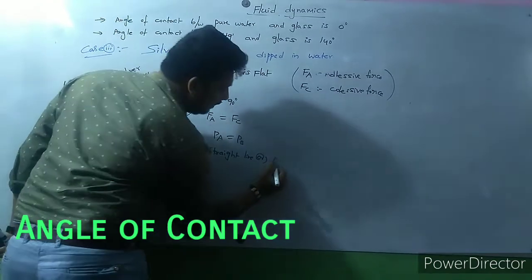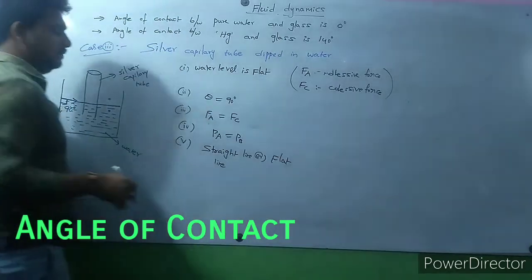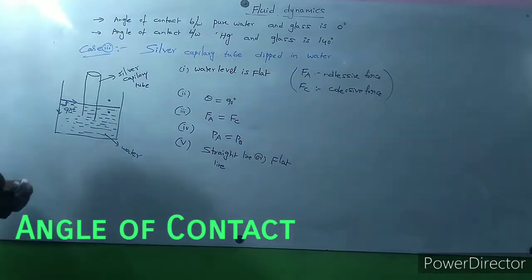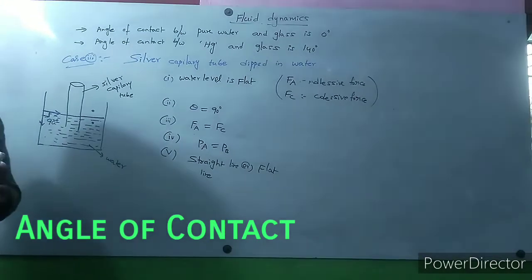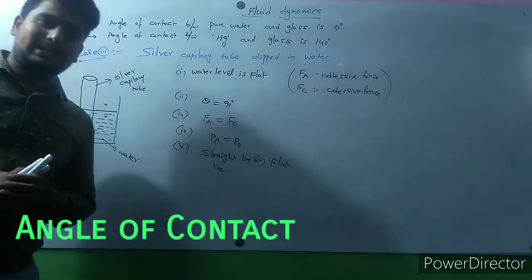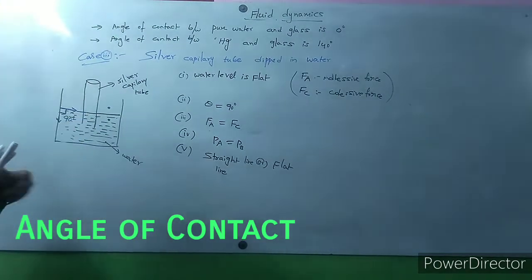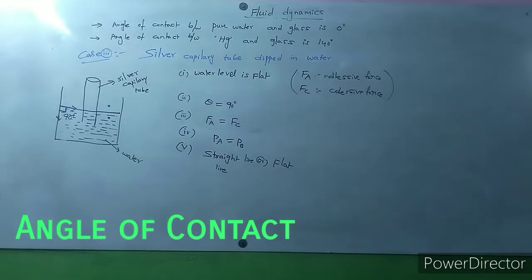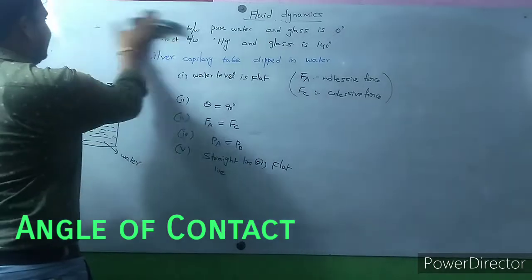It forms a straight line or flat line. So these are the characteristics of case 1, case 2 and case 3. So this is about angle of contact. Next, we'll discuss a few concepts about this angle of contact. This is the last topic we discuss in angle of contact.